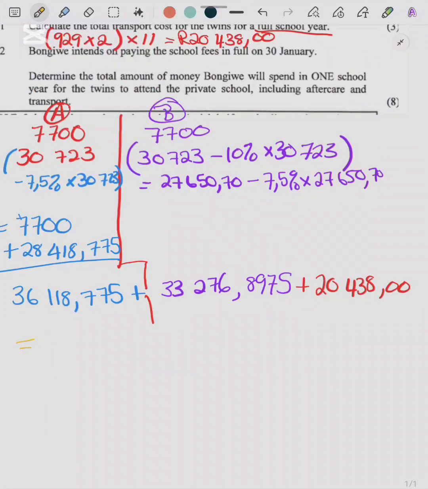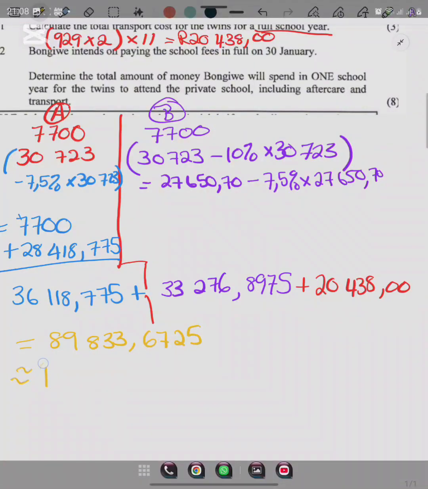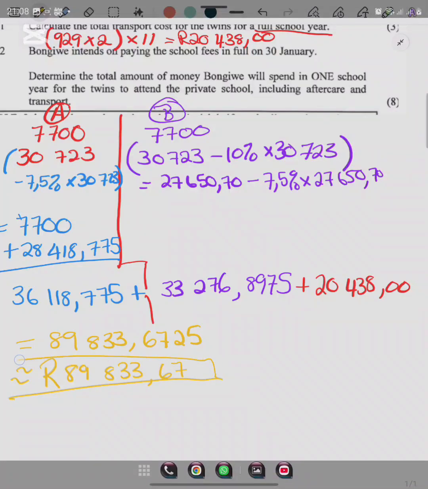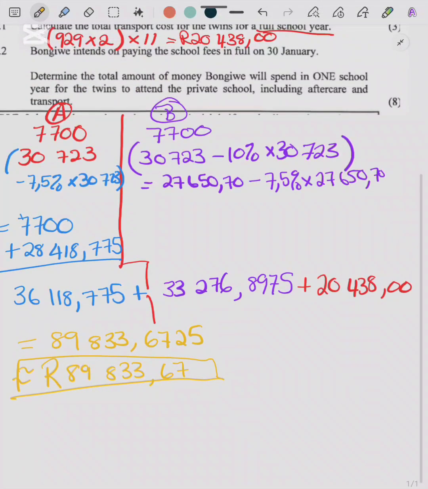And when you add all of those together, we're going to get to our final answer of 89,833.6725. And because this is money, we're going to round to 2 decimal places and get to 89,833 and 67 cents. And that would be our final answer.